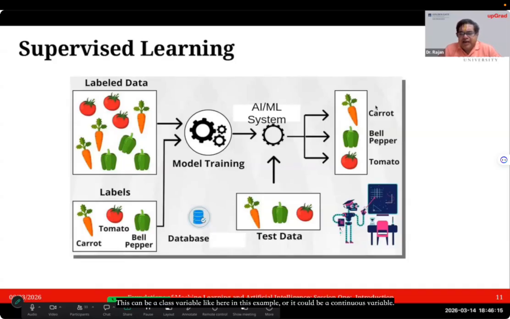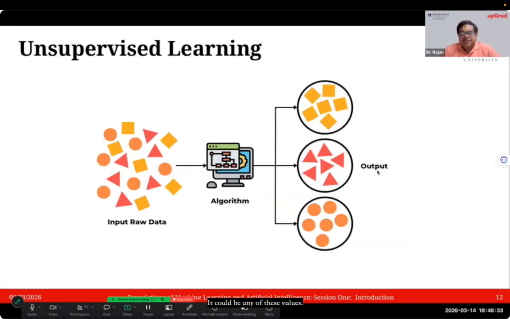The outcome can be a class variable like in this example, or it could be a continuous variable. Maybe it is the prediction of a salary, or of rainfall, or of the premium in an insurance situation. It could be any of these values.